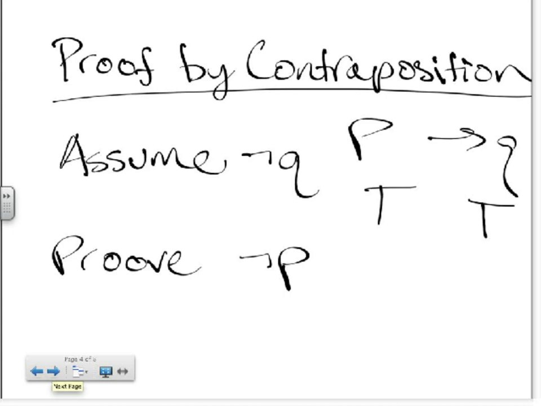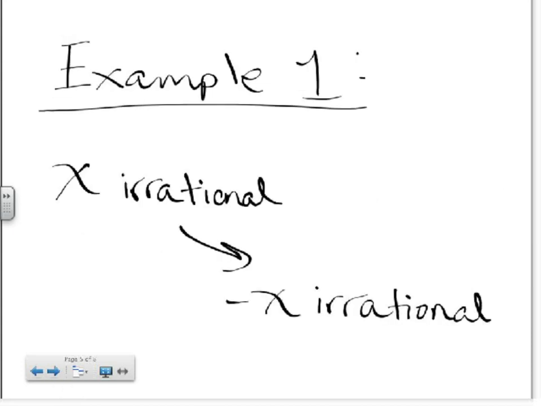Now, sometimes it's difficult to do a direct proof, and it's easier to use the contrapositive of a statement: if not Q, then not P. So you start out by assuming not Q is true, and then you have to prove that not P is true. When you prove that, then you're proving the initial statement.